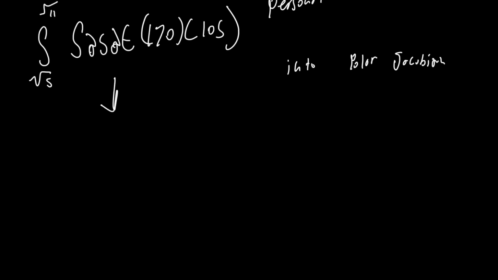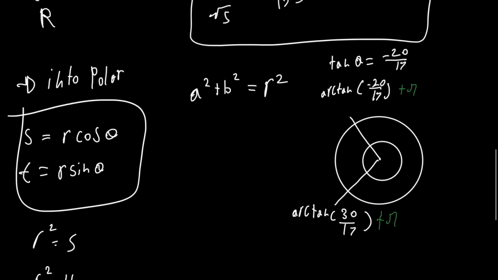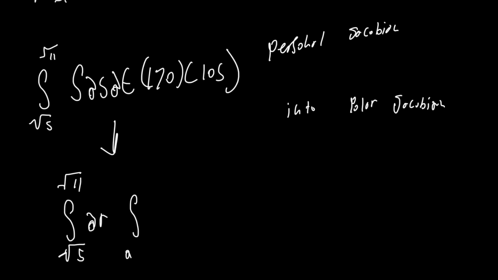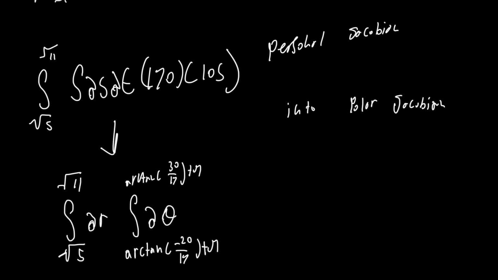So let's do it. Our radius is not changed. It's still from square root of 5 to square root of 11 dr. Our thetas, or our regions, is now, remember how I said we have to add pi. And it starts from the top, counterclockwise. So arctan of negative 20 over 17 plus pi, to arctan of 30 over 17 plus pi, d theta.